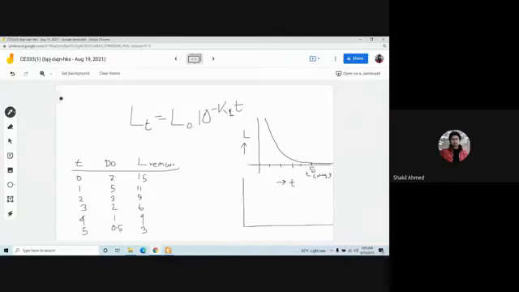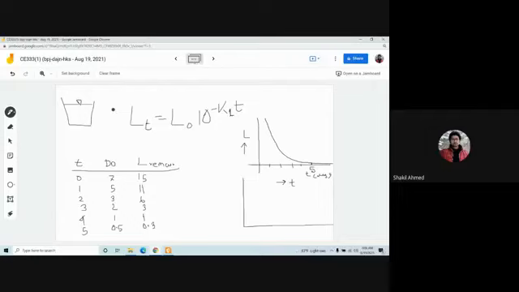So you took a sample where it had 15 L at time t equals 0, and this value should be around 11, 6, 3, 1.5, 0.3 for example.